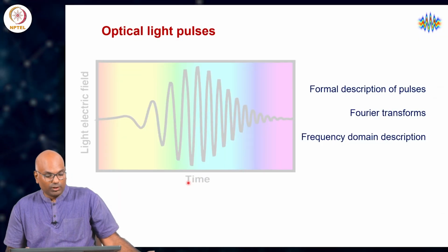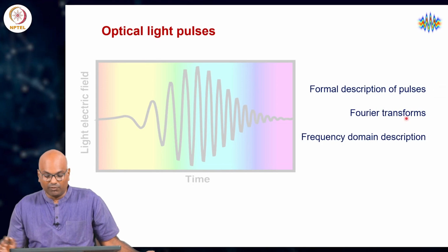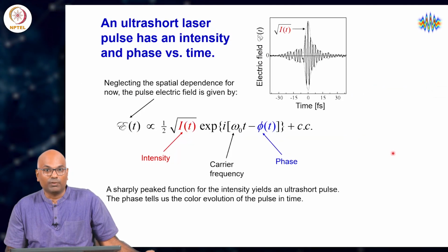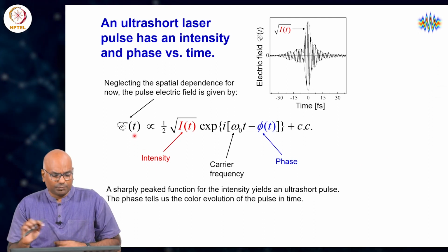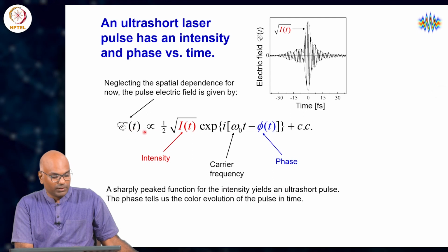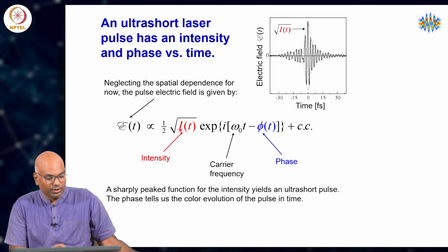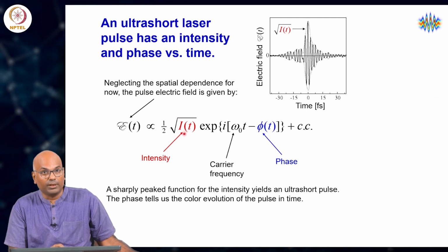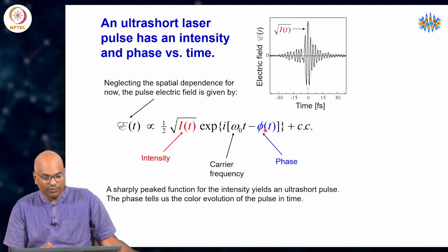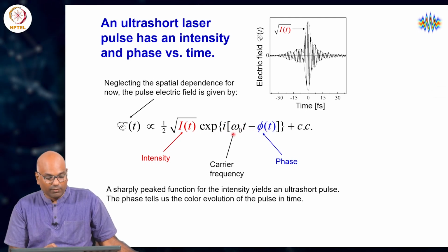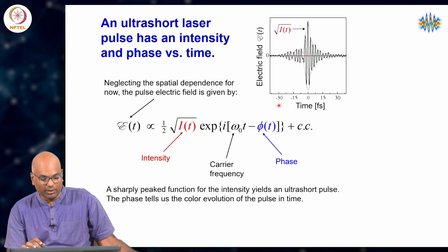So, now for a relatively quick recap about optical light pulses and their formal description in the time and frequency domains. Recall that in the time domain, the electric field of the pulse, which is real, is written in terms of the envelope function, which is the square root of I of t, I being the intensity, and exp of i(omega naught t minus phi of t), phi being the phase term, where omega naught is the carrier frequency and it captures the fast oscillations under the envelope.